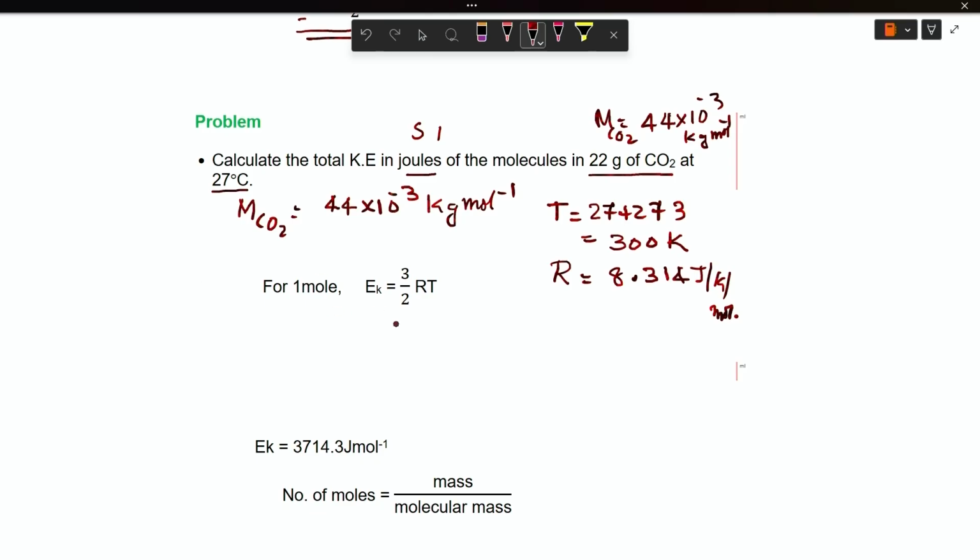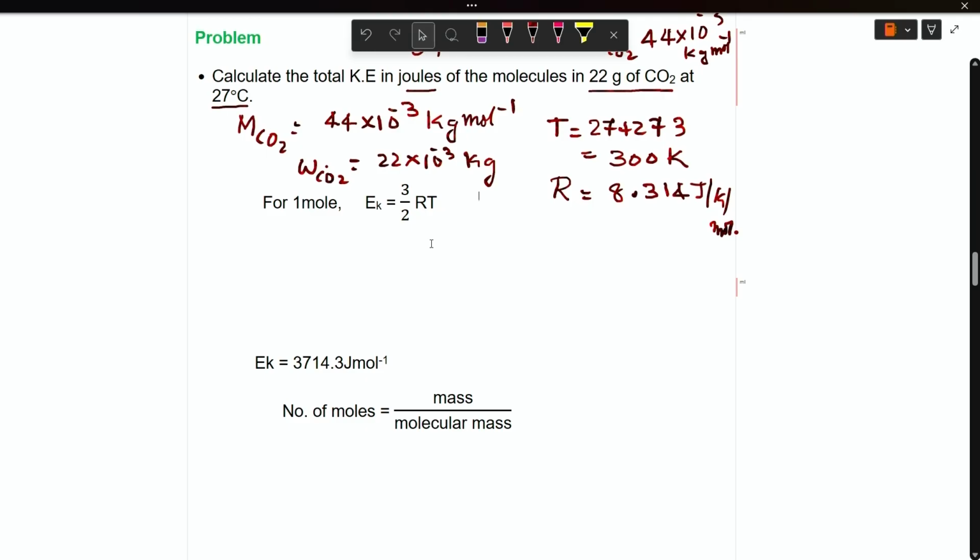So, all these values we have got, and applying this we will get the expression for kinetic energy for 1 mole. Now, this is the expression for 1 mole, E k is equal to 3 by 2 R T, and one more point, we have got the mass of carbon dioxide, I forgot to put it, that is 22 into 10 to the power minus 3 kilograms. Okay. So, everything is done.